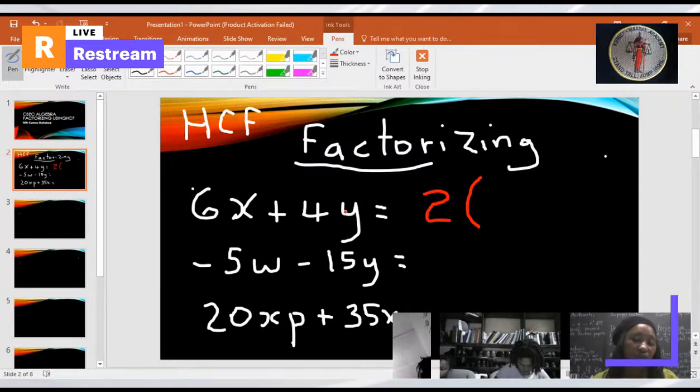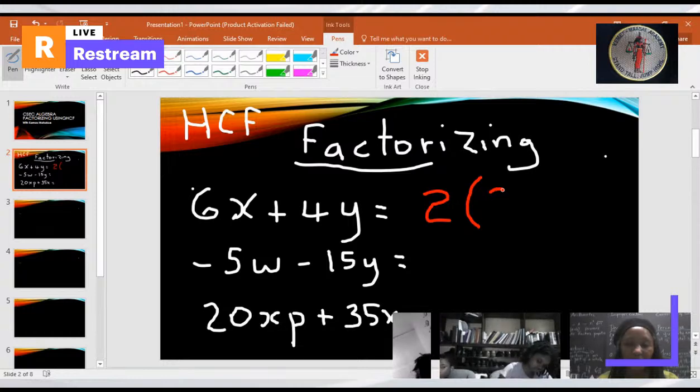Now that we have identified the highest common factor, we're going to divide each term by the highest common factor, and whatever we have left back, or the quotient, we're going to put in the bracket. So 2 goes into 6x, 3x, right?